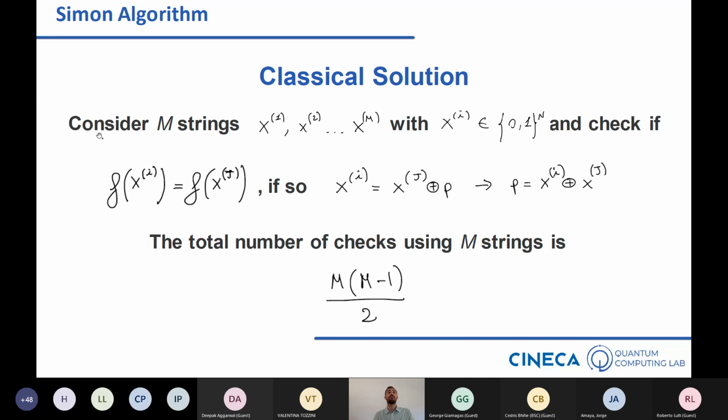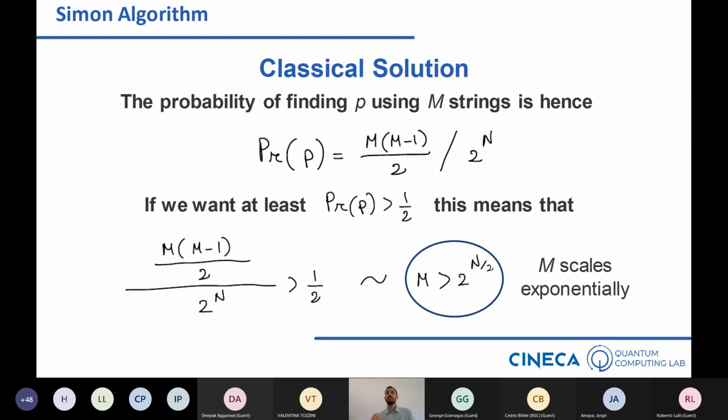So if I consider M strings, the total number of checks that I have to do is all the pairwise checks. You check x1 with x2, then x1 with x3, and so on, x2 with x3, x2 with x4. With m strings, you have to do m times m minus 1 over 2 checks. Then what is the probability of selecting a random m strings and finding P?